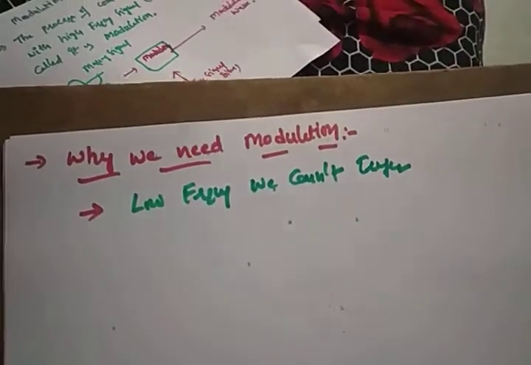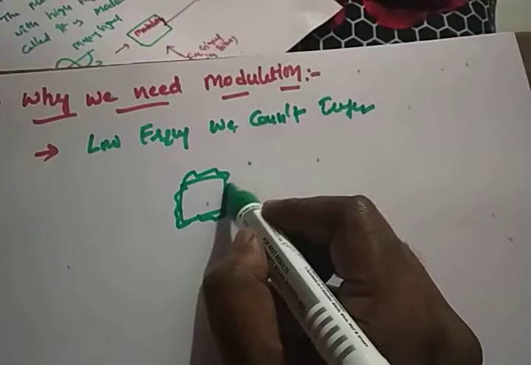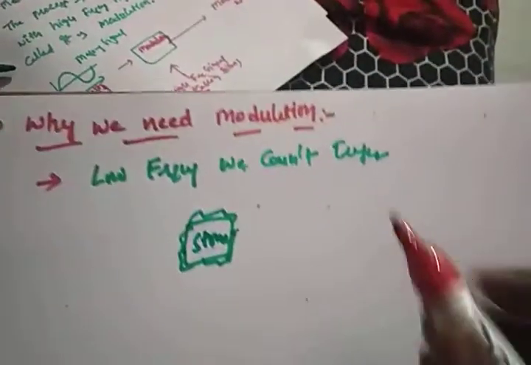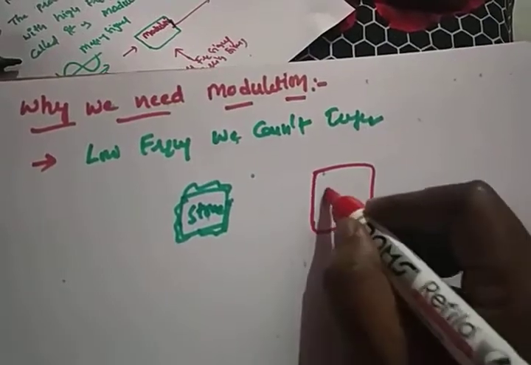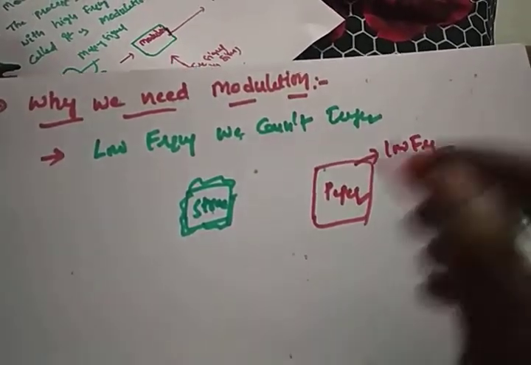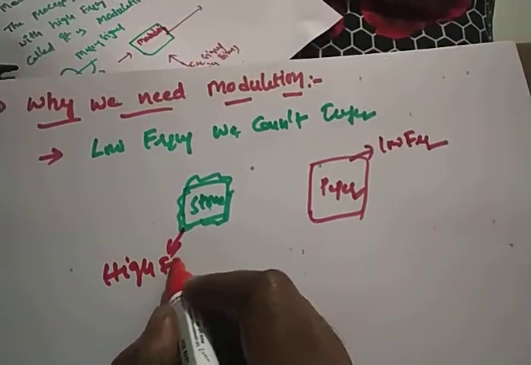But suppose you know about the stone and paper relationship, right? This is a stone now. Stone, right? This is a paper, right? So the paper is a low frequency signal, the stone is a high frequency signal. You are assuming some example, right?